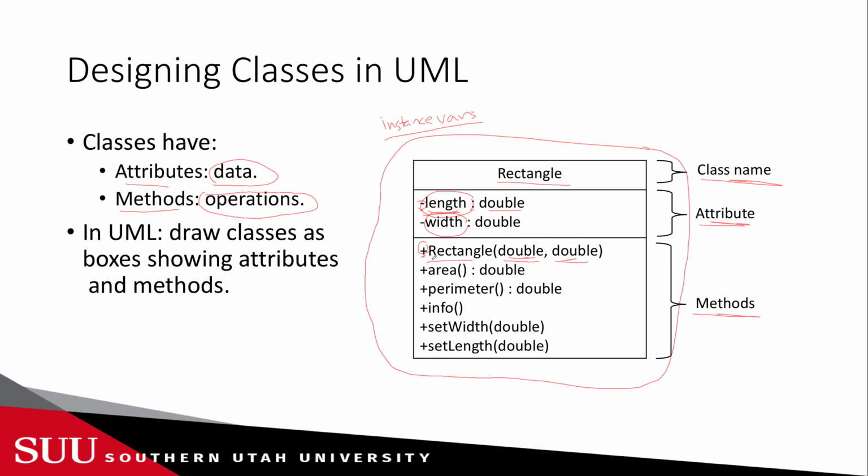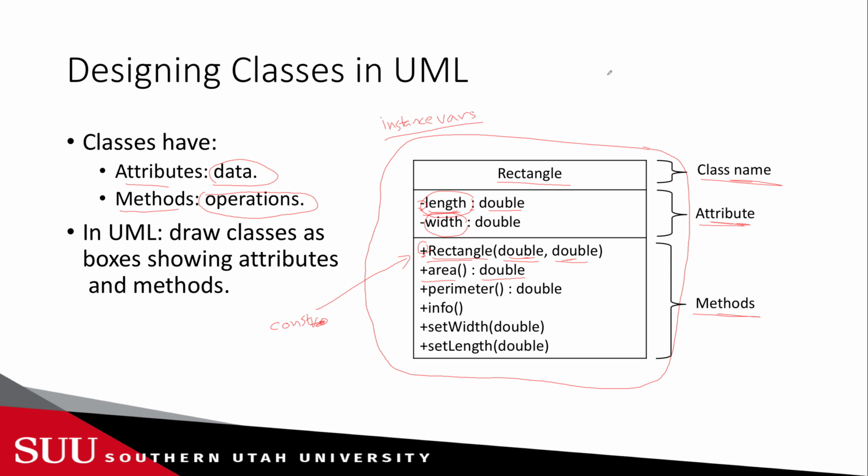So I will have a method that's called rectangle that will accept two doubles, and if you notice that this is the same as this one, and we will talk later about this, but this is what we call a constructor, and we will talk about more detail later on. Now I have another method that's called area, and this is the return type. Now I don't have any return type here because it's void, but this is going to be a return type.